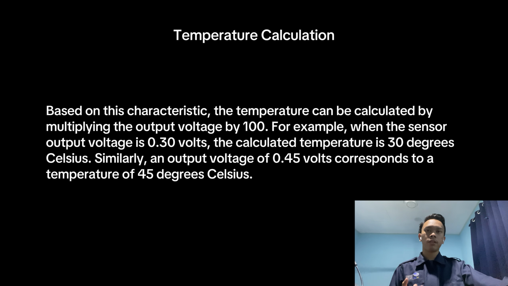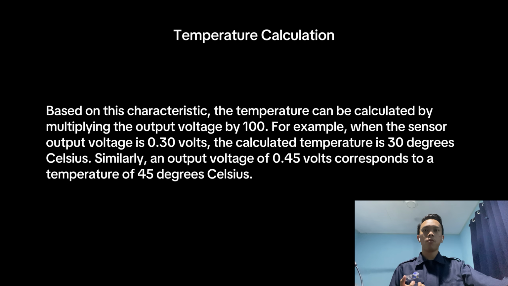Based on this characteristic, the temperature can be calculated by multiplying the output voltage by 100. For example, when the sensor output voltage is 0.30 volts, the calculated temperature is 30 degrees Celsius.